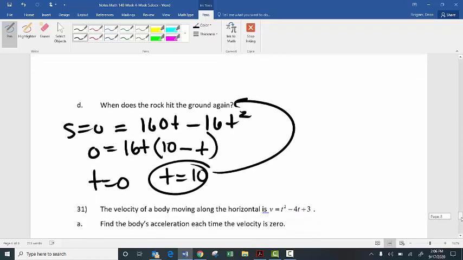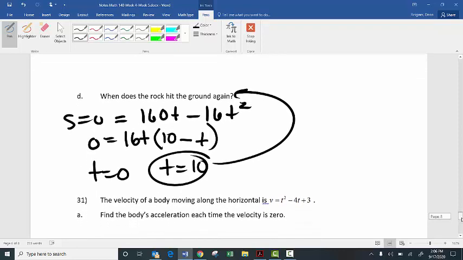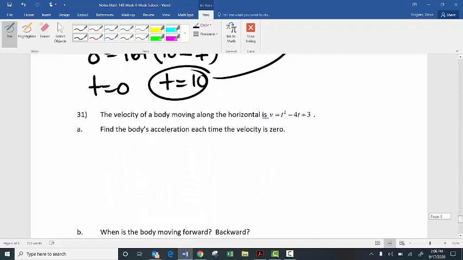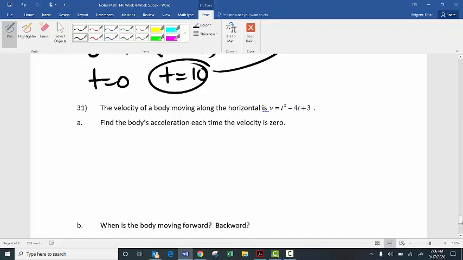This one only deals with acceleration and velocity. Here it just gives you velocity. So let's find acceleration. Acceleration is just the derivative. So the derivative of t squared is 2t. The derivative of 4t is 4.